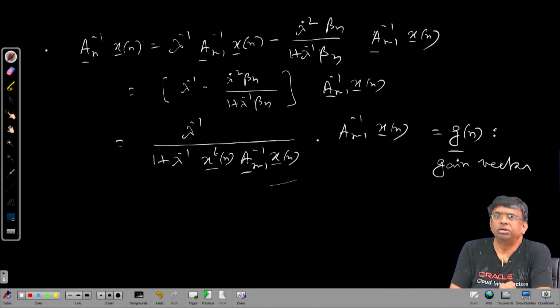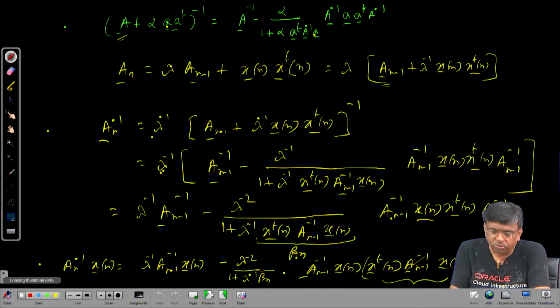This is one important result. Another is, now I know G n and I know what is this A n inverse. I can write this right hand side using G n to make it look simpler.